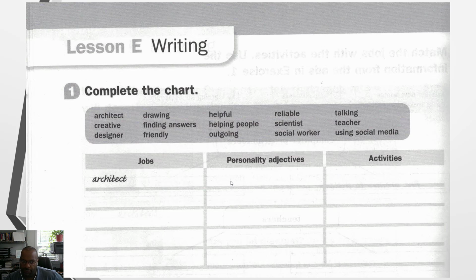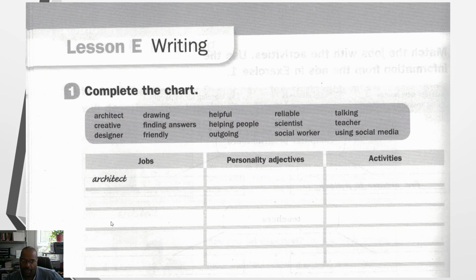Let's go through the first one, and I'll show you what I wrote. First one is architect, and for personality adjective I put down creative. For activities I wrote down drawing. The next one was designer. For designer, I put down outgoing for personality adjectives and using social media.